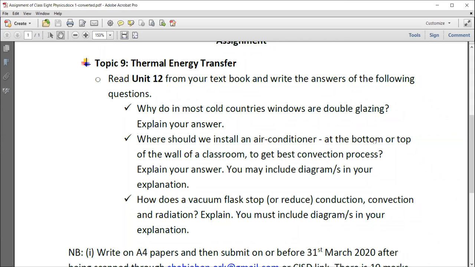This is a very basic principle. Why is it like this? Let's start with the cooling element, that is the AC, right?